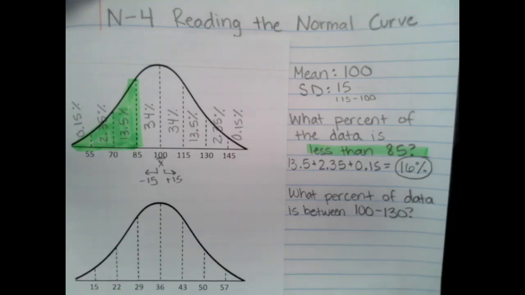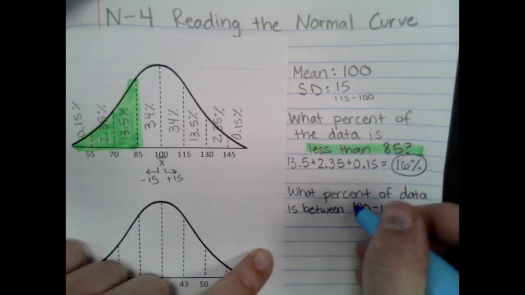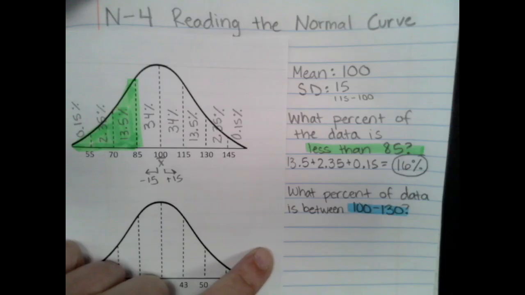So this is where I'm going to use my second color. So if you used a highlighter and there's not another highlighter, switch to a colored pencil quick. Or if you have one and your neighbor has one, switch real quick. Okay, we're doing 100 to 130.